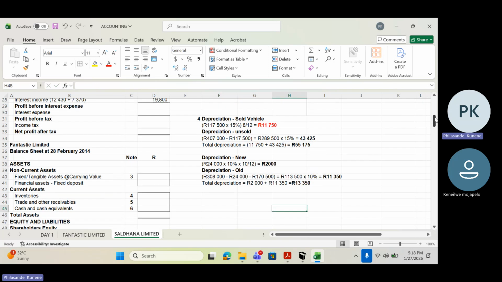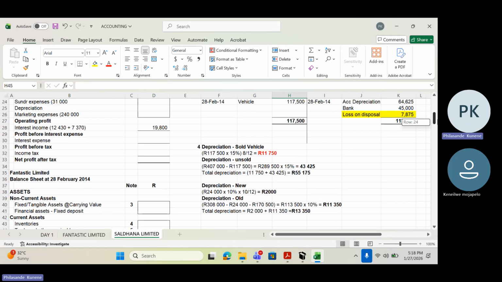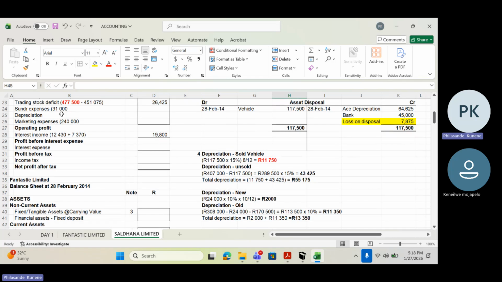You have done your calculations now, 100% correct. Thank you for that. The only thing you need to do now is go to the income statement and record our depreciation there. So we're going to add the two amounts here.